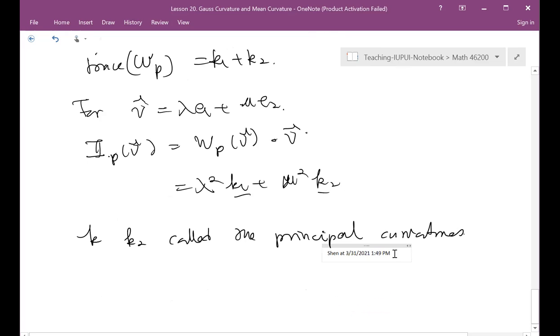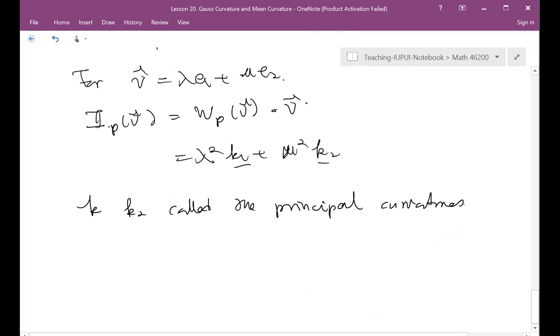Now, when we talk about curvature, usually we need a number. So those are the two numbers. When we talk about normal curvature, it depends on direction, but essentially, there are only two key numbers there, K1 and K2. Those are the two numbers we call the principal curvature.